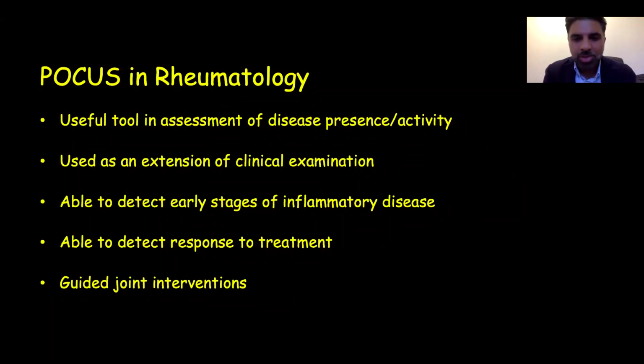What we do also stress is that it's used as an extension of clinical examination. We don't say that, just because you can do ultrasound, that's it. You don't need to rely on anything else. In fact, the majority of the time, I rely on my clinical history taking and examination, and this really complements what I'm trying to look at.